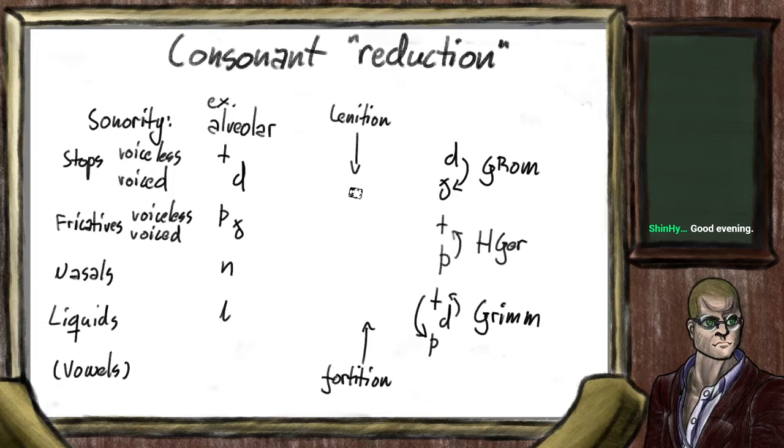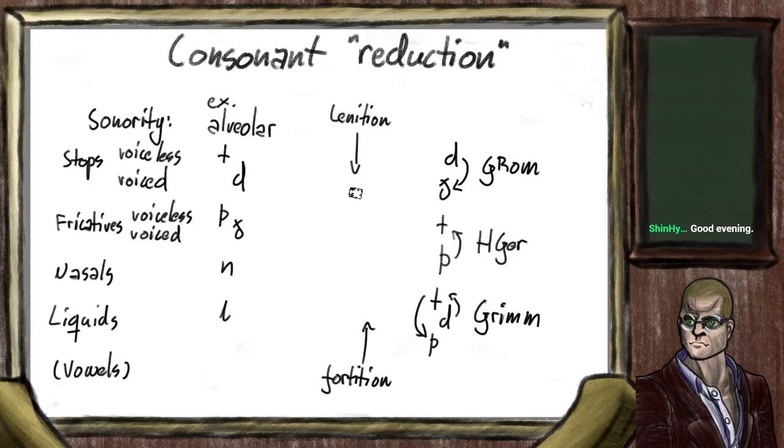If you listen to the episode about snapshots on the road to French, you might have noticed some lenition happening. And the opposite process of this is called fortition. The Latin words behind this are lenis and fortis, so weak and strong. So the consonants become weakened or strengthened.